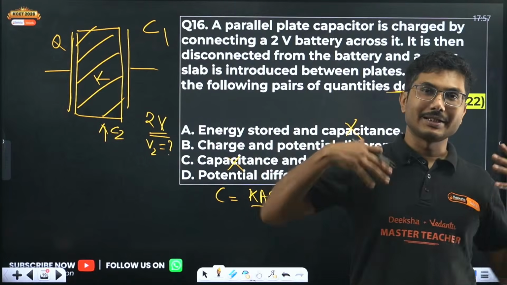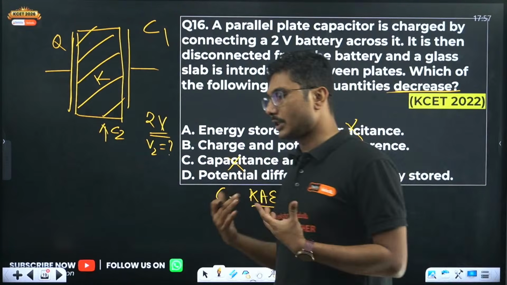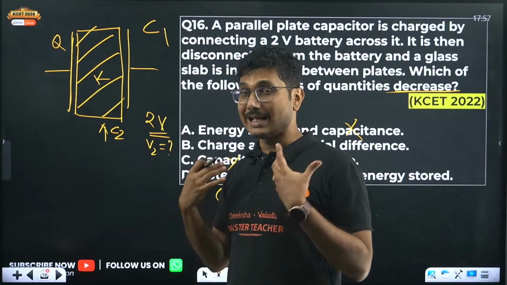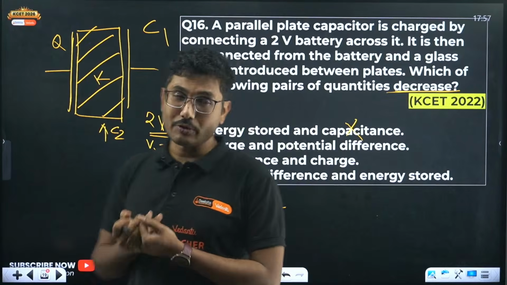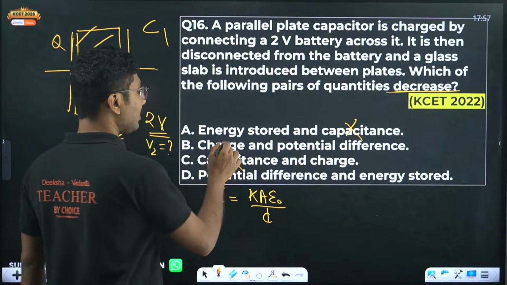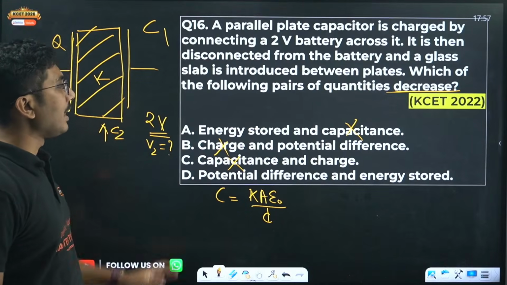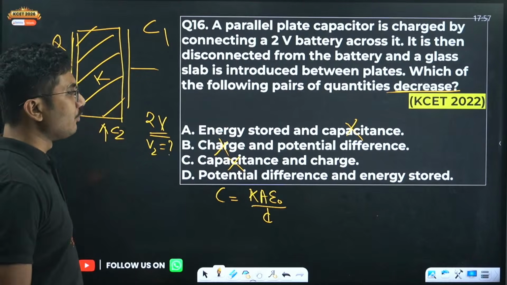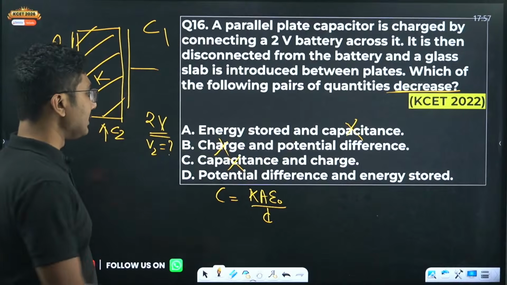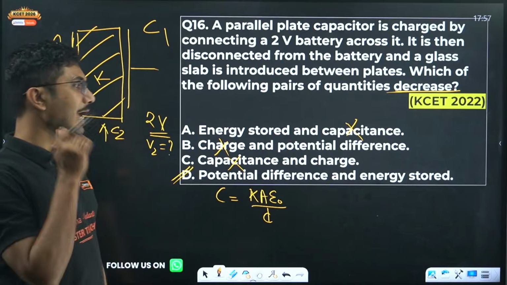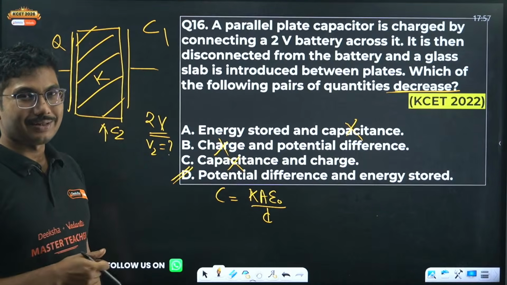So the system will still have the same charge it had before. That means charge will remain constant, so charge will not be in any of the options. If you eliminate this way, you will see that potential difference and energy stored are actually decreasing.